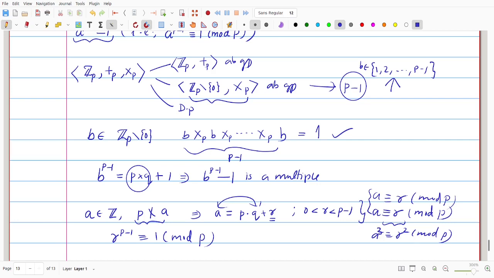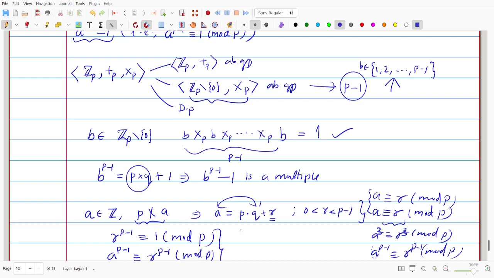Similarly, A raised to 3 is congruent to R raised to 3 mod P. In general, A raised to P minus 1 is congruent to R raised to P minus 1 mod P. Okay, so what does it mean? Consider these two.